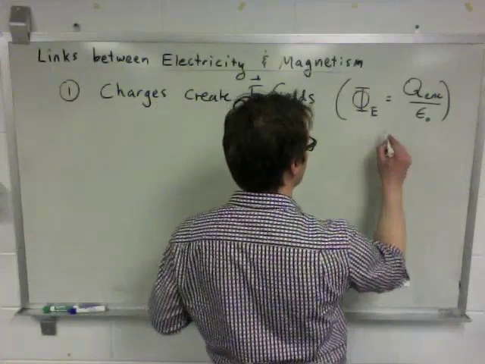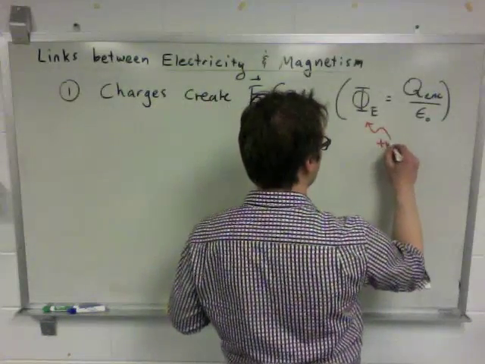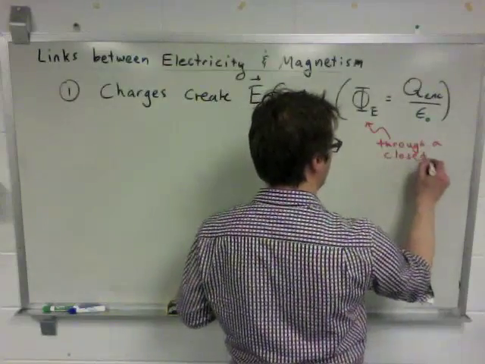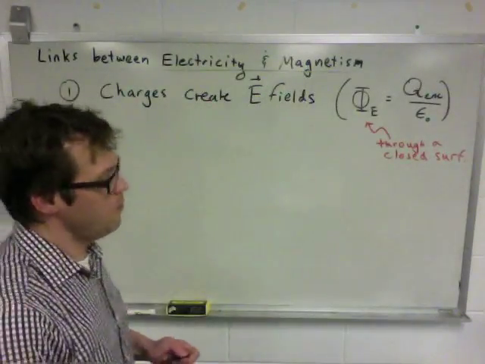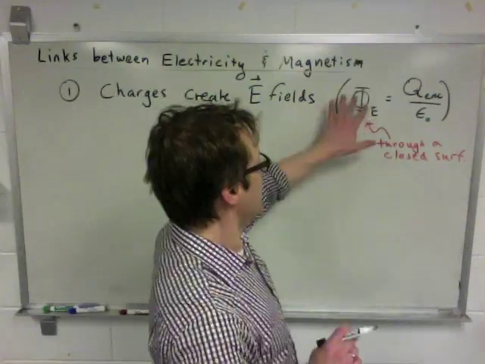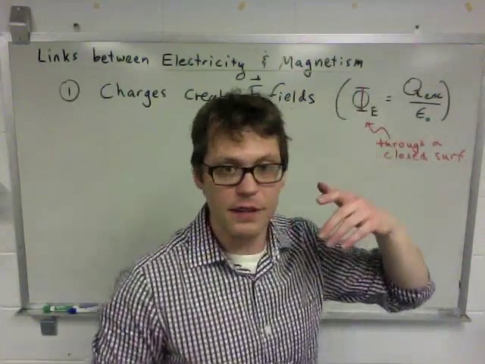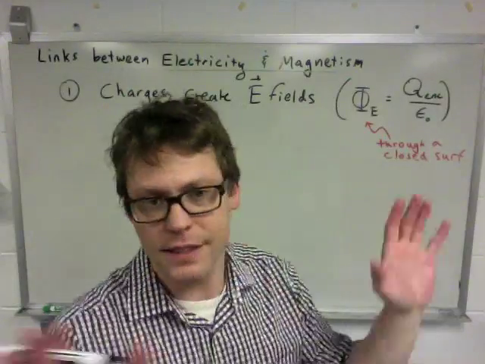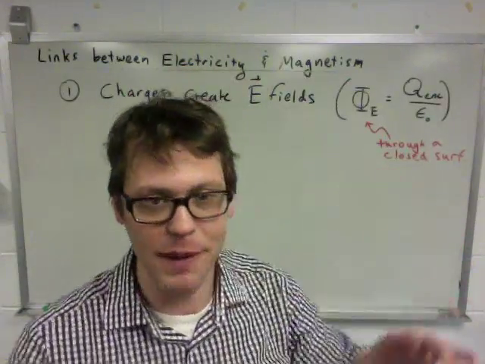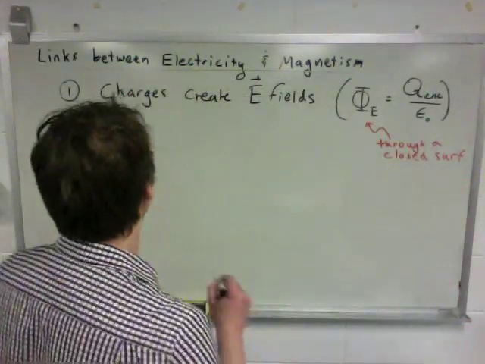Basically what that means is that in order to create an electric field, there must be some charges present. So that's not even a link between electricity and magnetism. That's just the first statement.